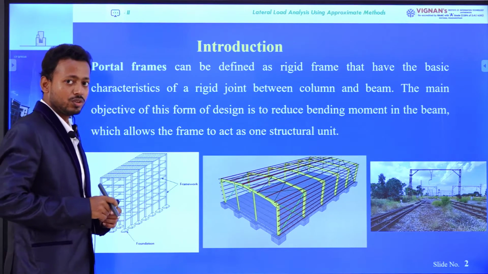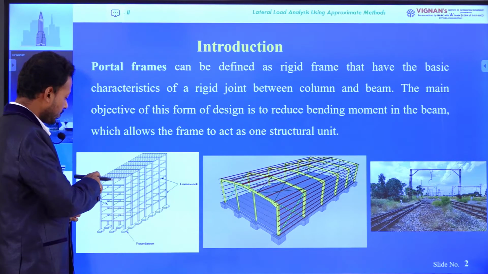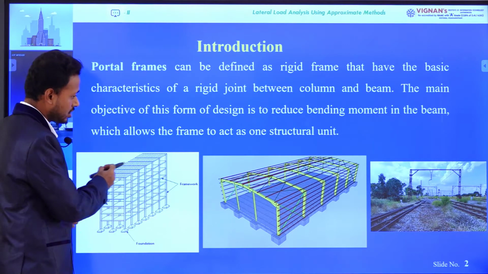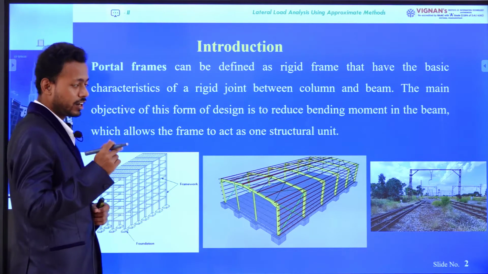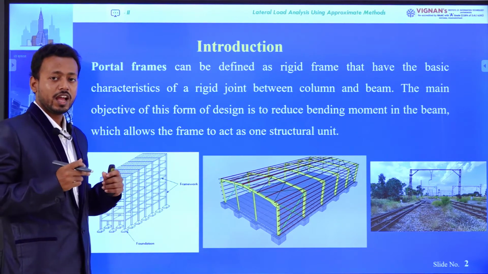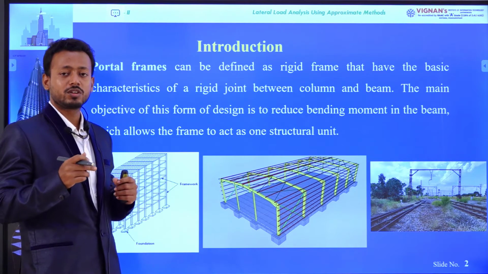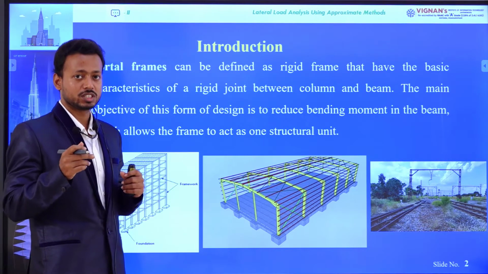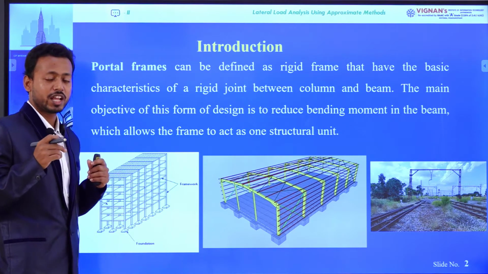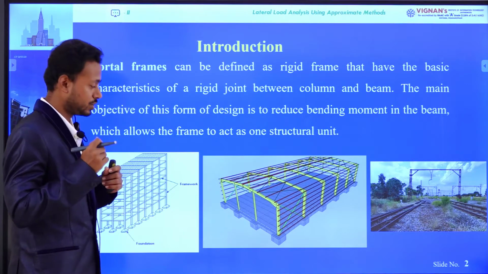So, the force is working parallel to the horizontal plane like this on the structure. That force is called lateral force. So, due to the lateral force, the building deflects and the members such as beams and columns get stressed. After that, bending moment, shear force and axial force occur.